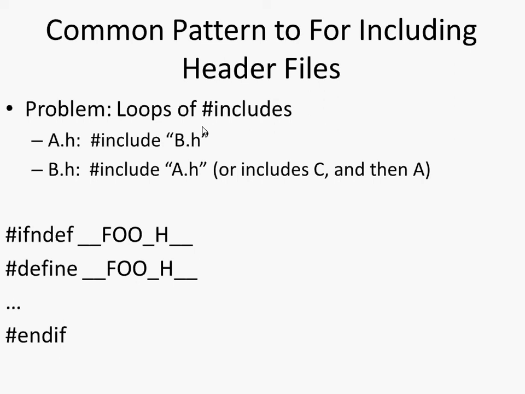If it is defined, then it just ignores the file. So it breaks the loop. If I had main.c, and main.c included a.h, and a.h included b.h, that would occur after this pound define, and b.h would then try to include a.h. It would come to this ifndef and say, oh, I already know that. It's already defined for me, so I'm not going to include it that second time. That breaks the loop. Does that make sense?